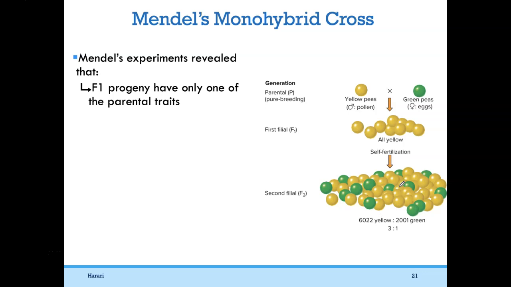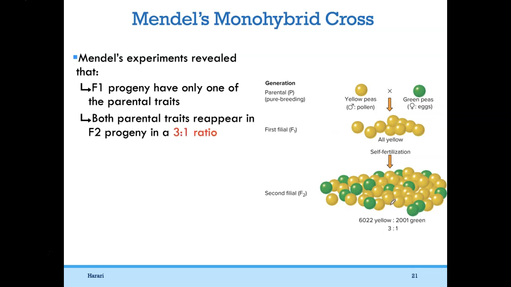Or 3/4 were yellow, 1/4 were green. That's what a 3-to-1 ratio means. So after this kind of experiment, Mendel concluded a few things that are very important. He said, when you cross two pure breeding plants that differ in one trait, the F1 progeny will only have one of the parental traits.